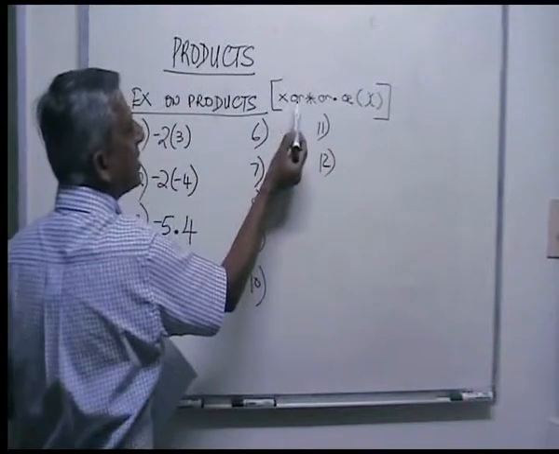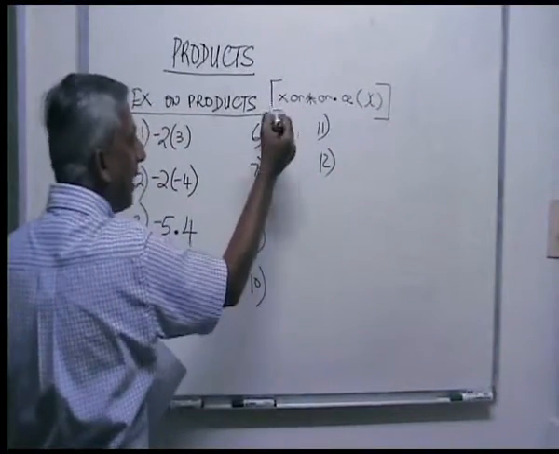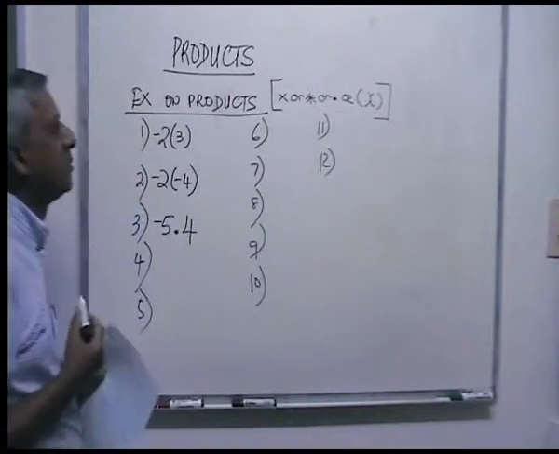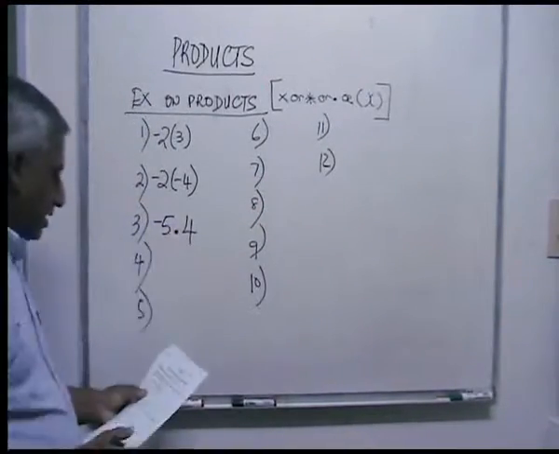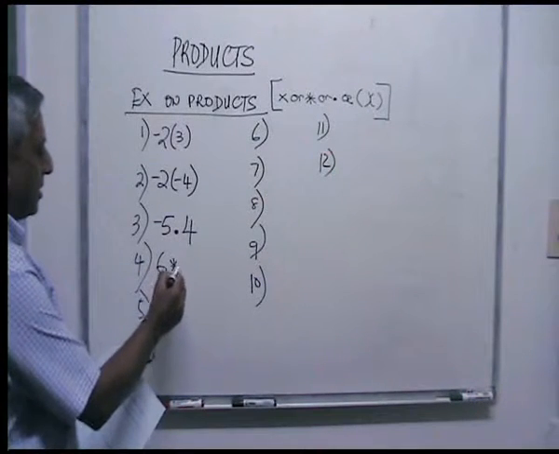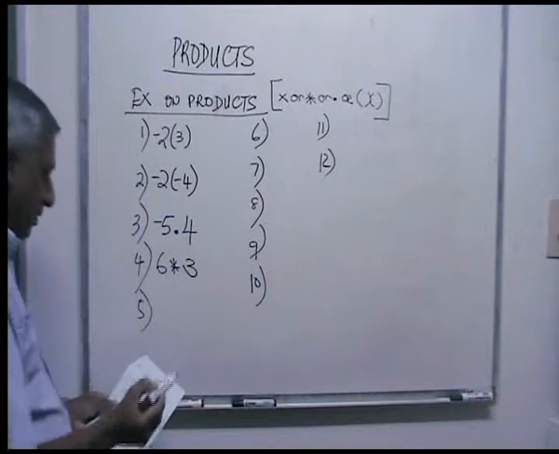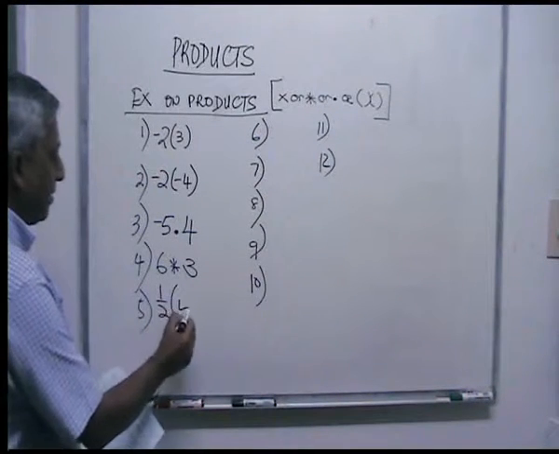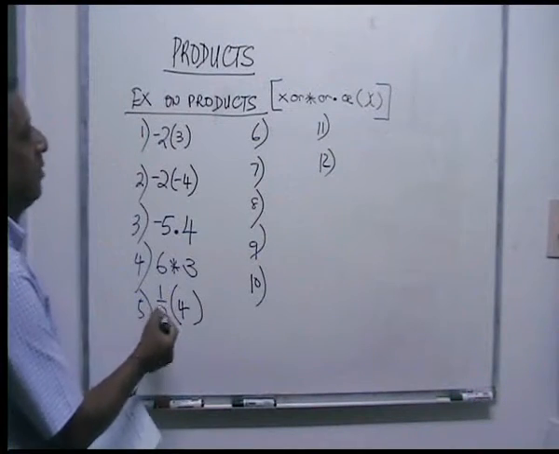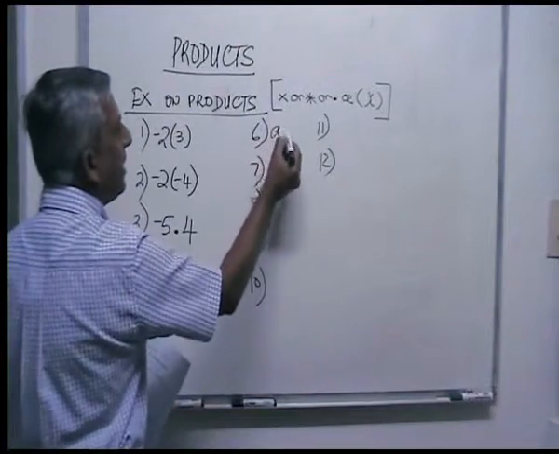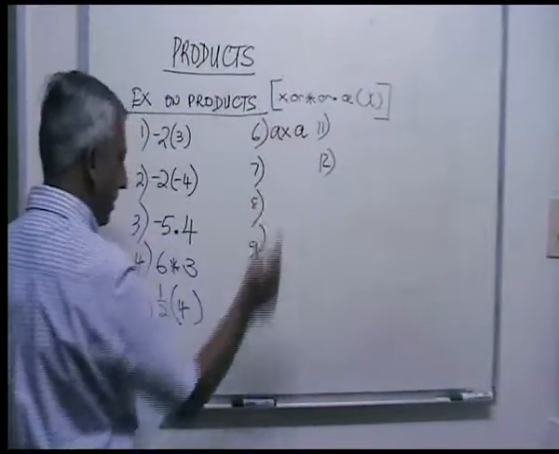That X, like an X or an asterisk or a dot or brackets means multiply. So this one also means multiply. Then you got 6 asterisk 3. So the asterisk means multiply. Then you got half times 4. Now you got brackets here. Brackets also means multiply. Then you got A times A.